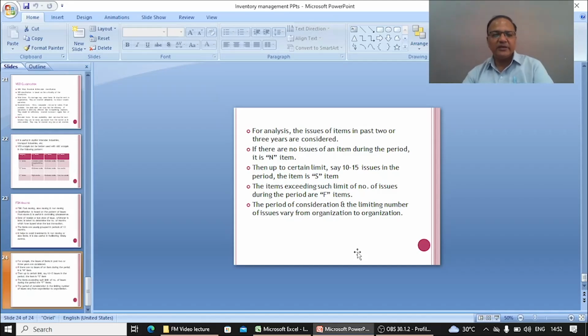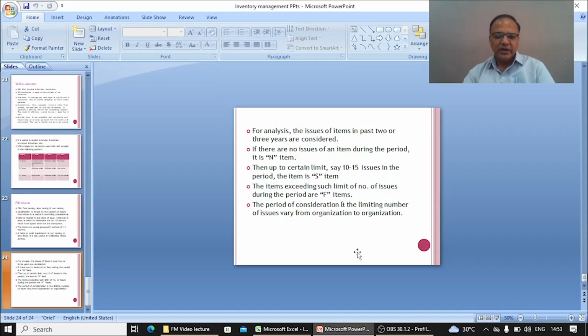The items exceeding such a limit of number of issues during the period are F items. The period of consideration and the limiting number of issues vary from organization to organization.